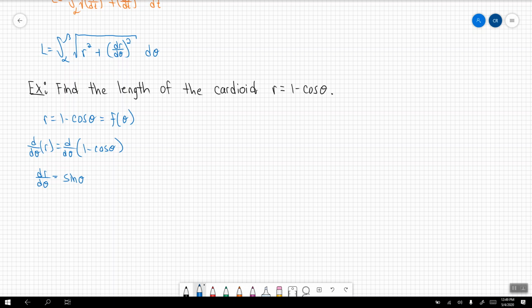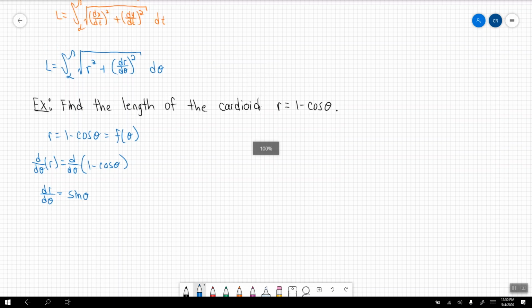as such. Now I'm going to work on my integrand really quickly. My integrand here is r squared plus (dr/d theta) squared. So r is this piece here, so that's 1 minus cosine of theta.